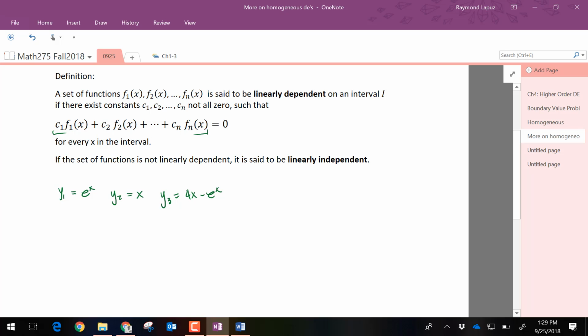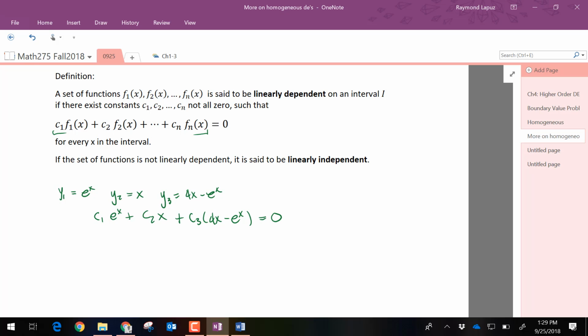Then you can write down this equation, a linear combination c1 e to the x plus c2 times x plus c3 times 4x minus e to the x, and set that equal to 0 and ask yourself, can you find a value for C1 and C2 and C3 that's not all equal to 0?